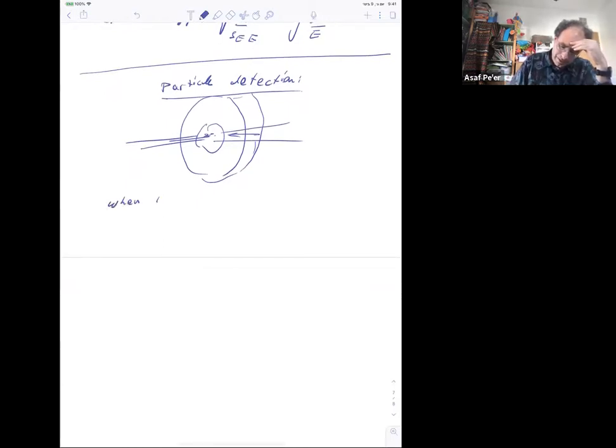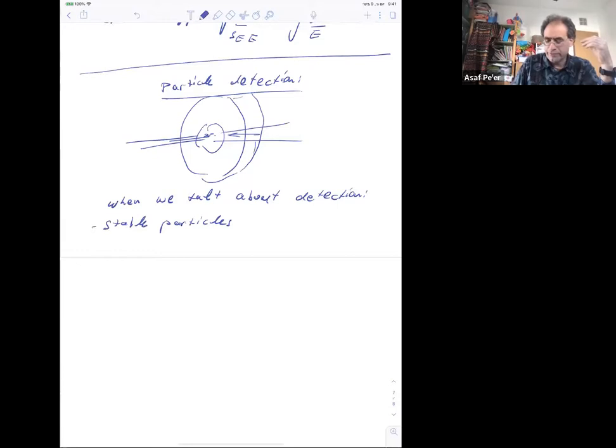When we discuss detection, what is usually being detected is either stable particles, and there are only very few of those: electron, proton, neutron.